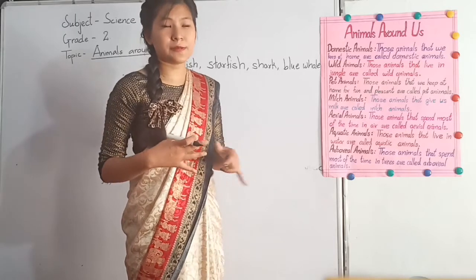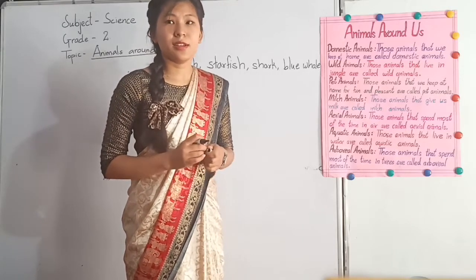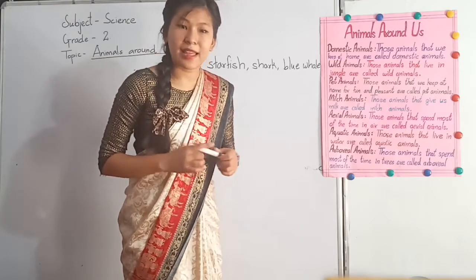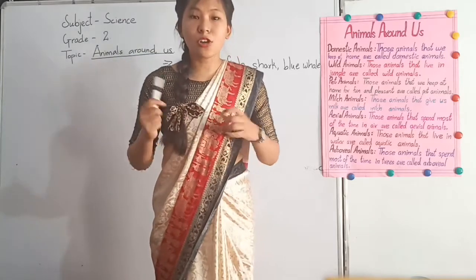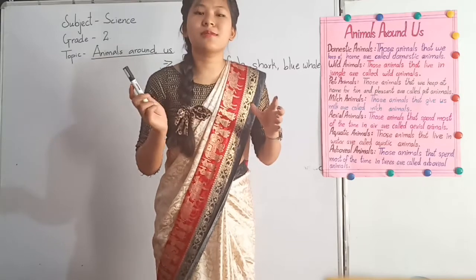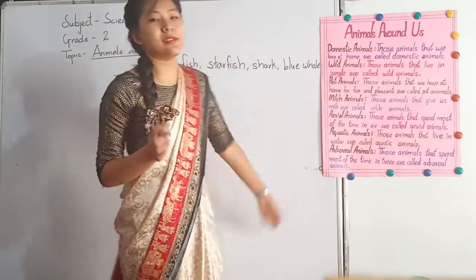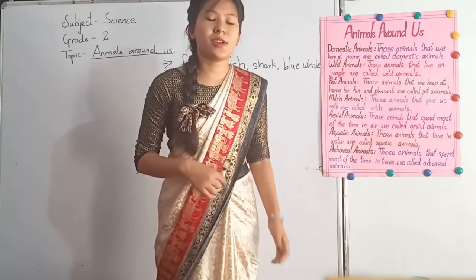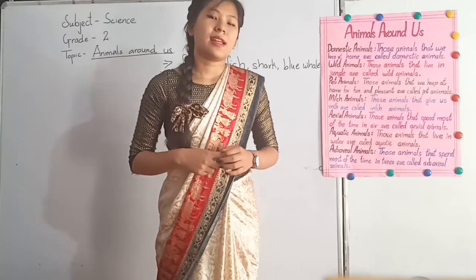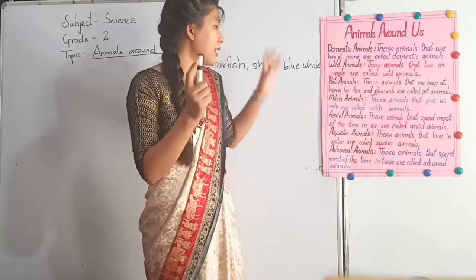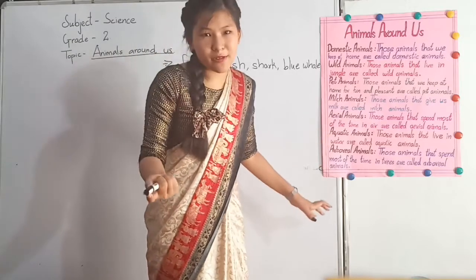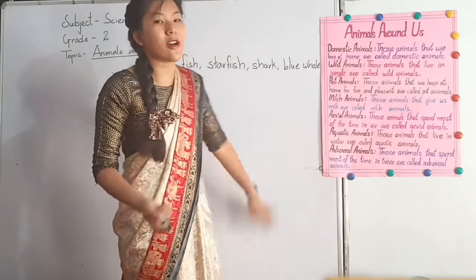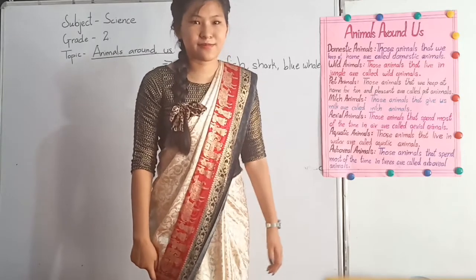We can find tortoise that lives in water, and next is octopus. So these animals are what? Aquatic animals. I hope you have understood the definition of aquatic animal and the examples of aquatic animal.